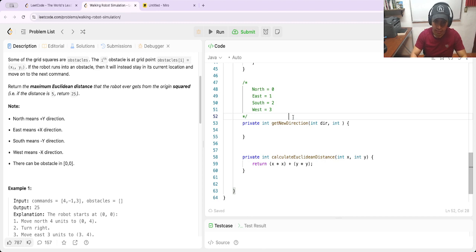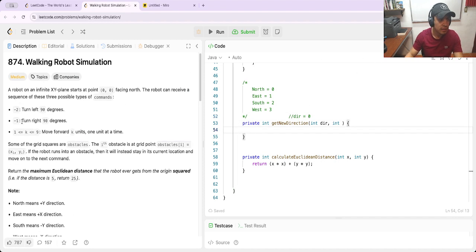We know that dir at this moment has the value of 0. What happens if it receives, for example, less 1 and less 2? It depends on the direction that you are facing. For example, the first time we are looking to the north. If we have less 1, that is basically going to the right, which means the east is plus 1.